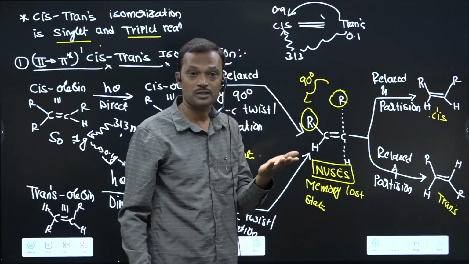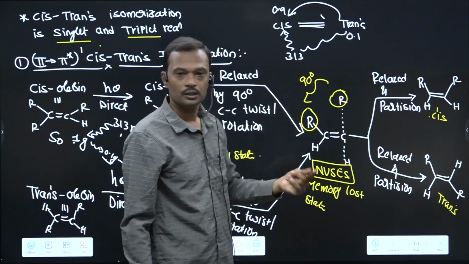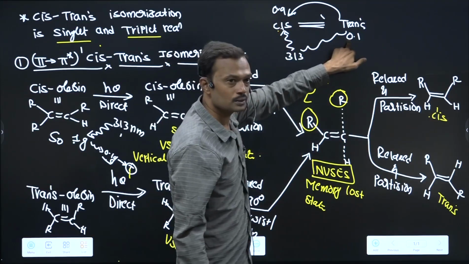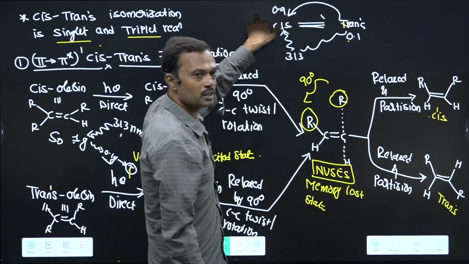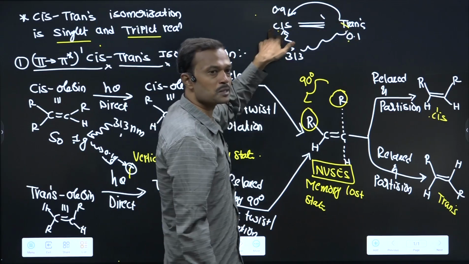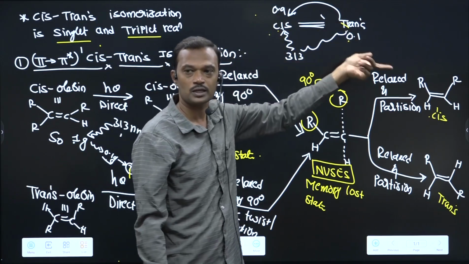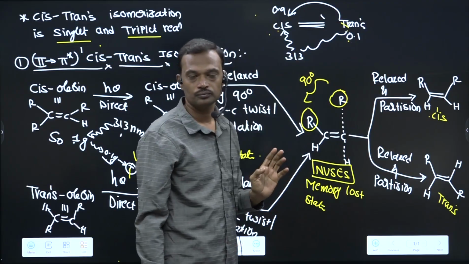So over time, does the trans percentage decrease or increase? This molecule wants to give trans, but trans starts converting into cis, which means this percentage decreases and this percentage increases. That's why cis is high and trans is low.